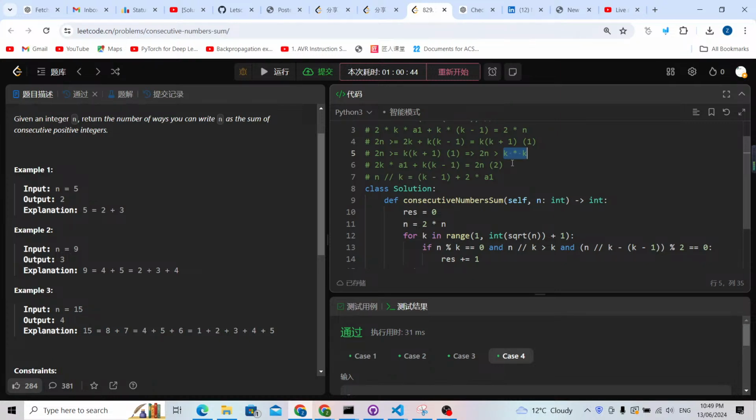Because we need to get the divisors, we need to check n divided by k to get the possible result. It's like we enumerate all the possible results. So before that, we have to check if n modular k equals 0, and then we check all its divisors.